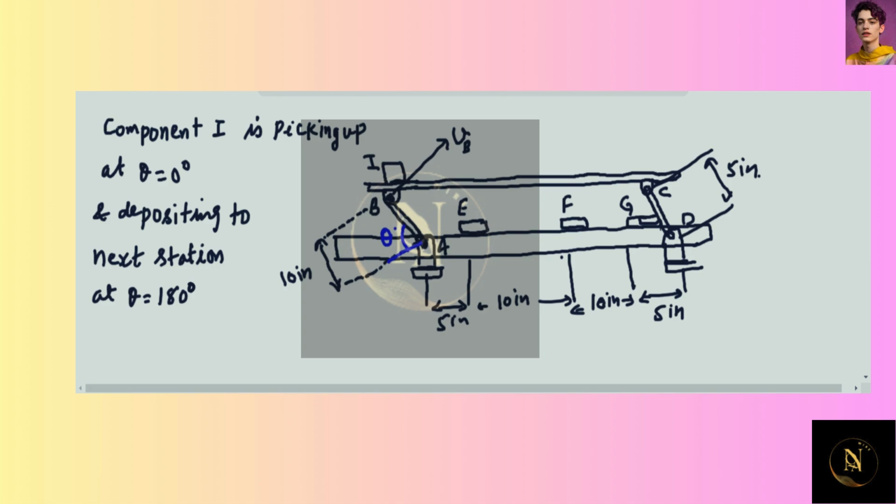It is given that BC always remains horizontal and link AB and CD rotate at constant rate in a vertical plane.